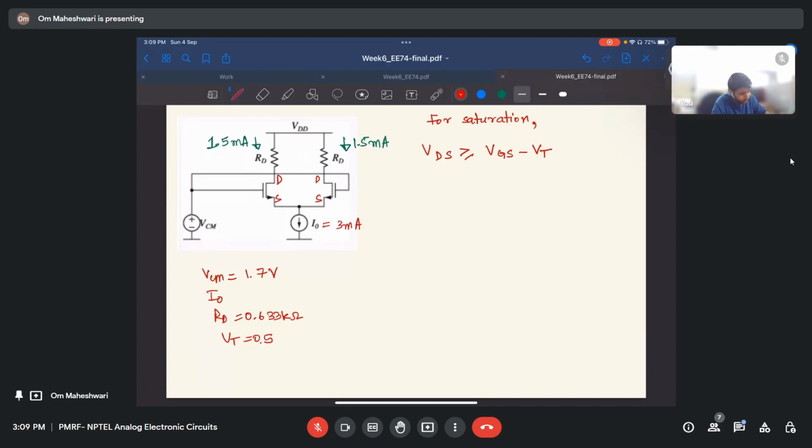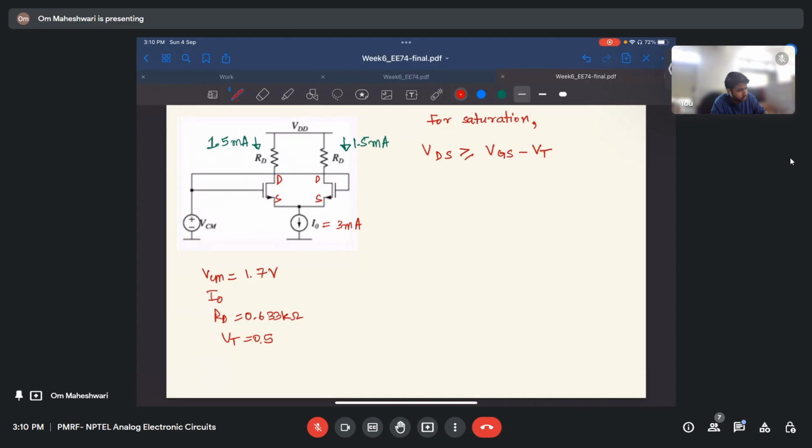This is an ideal current source, right? So we can assume the potential drop across it to be zero. So I can assume VGS to be VCM for this part.